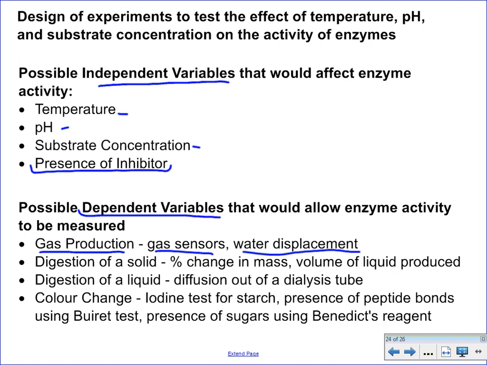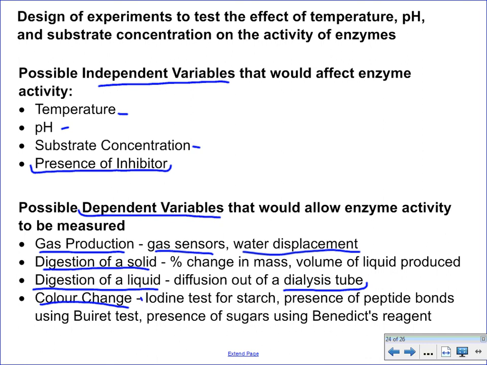Other possible dependent variables include things like digestion of a solid, where a percent change in mass could be measured, or volume of liquid produced could be measured. Or digestion of a liquid, where diffusion out of a dialysis tube is measured, or color change as well. So there's various tests that can be done.